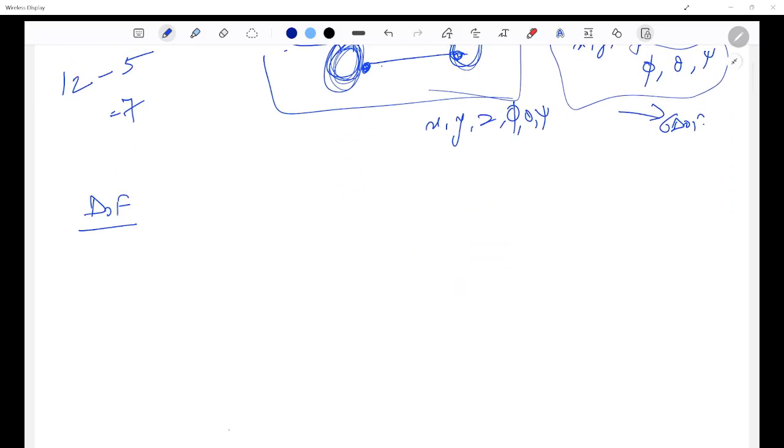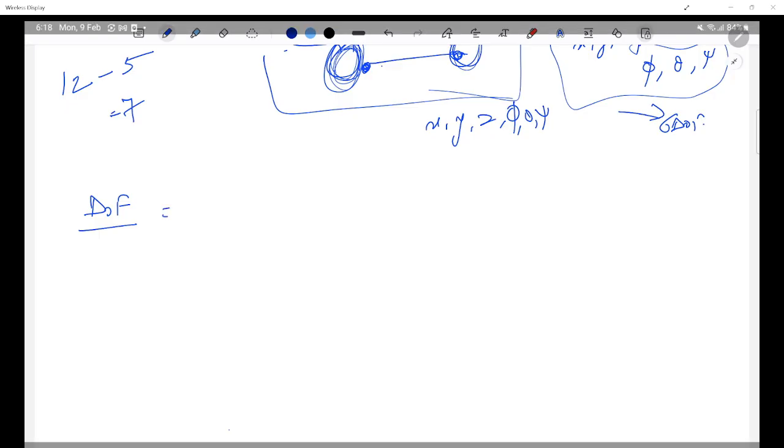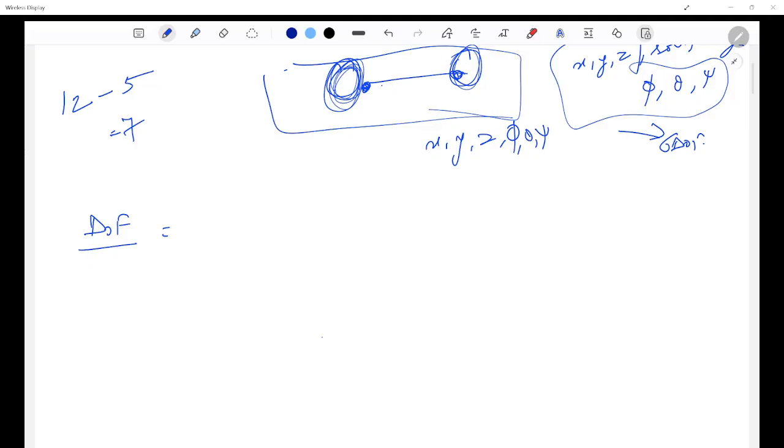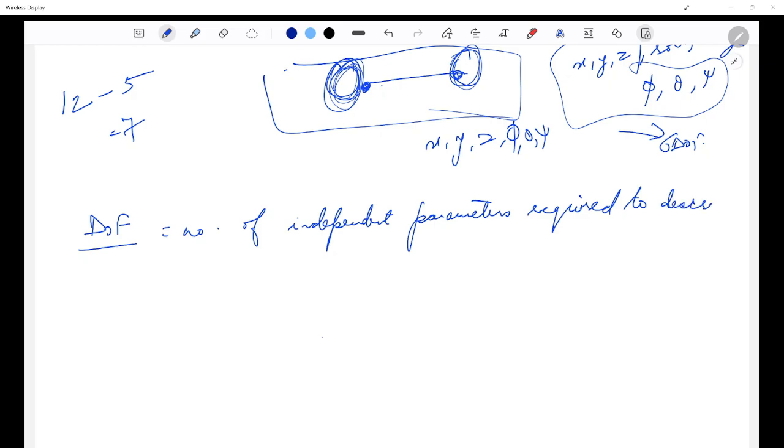So in general, if we have to define what is a degree of freedom, it is the number of independent parameters required to describe the configuration of a robot.